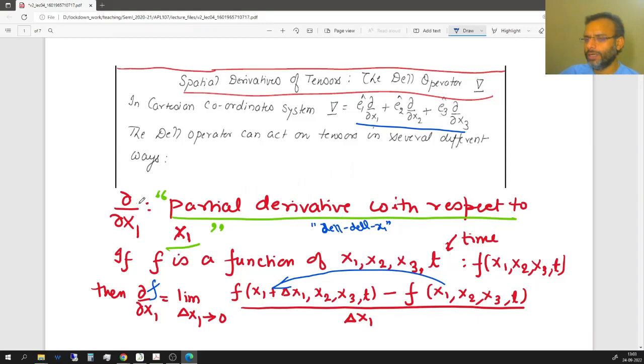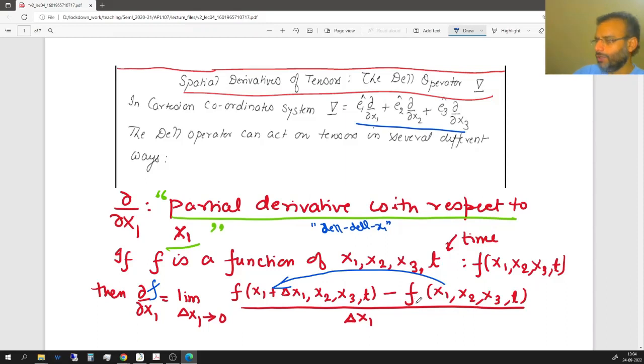Recall that the partial derivative with respect to x1 of a function is defined in the manner being shown here. So if I have a function which depends on, say, 4 independent variables, x1, x2, x3 and t, which may represent time, then del f del x1, or the partial derivative with respect to x1, is defined in this manner. You will observe that in the numerator I have two values of the function f.